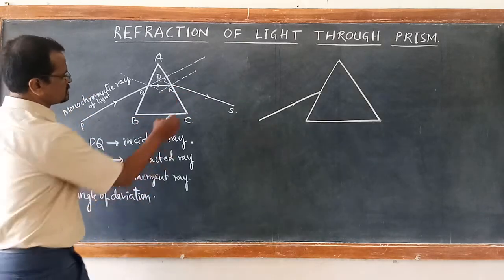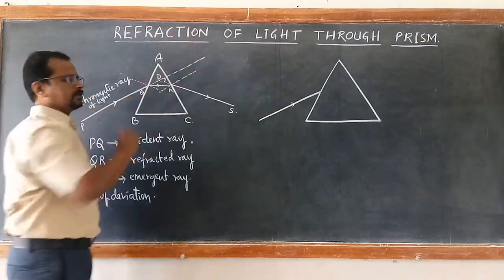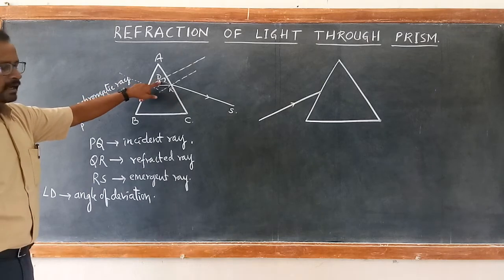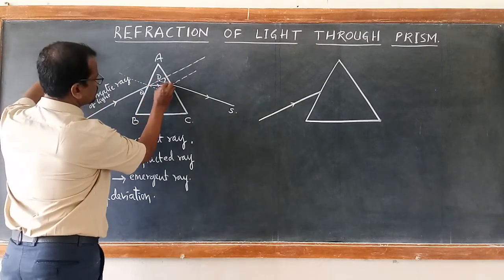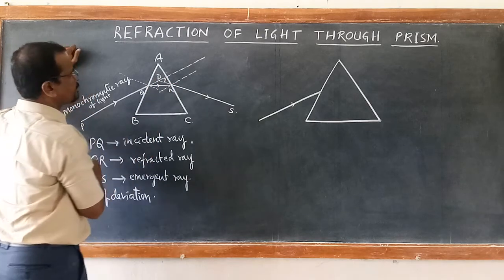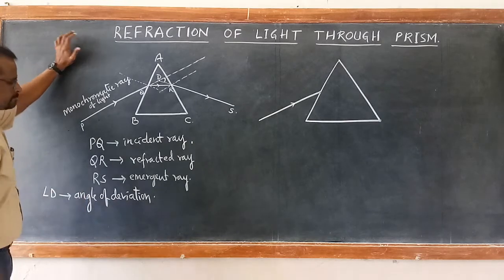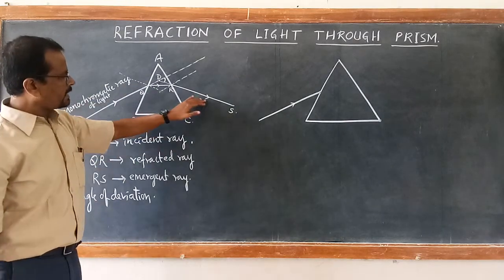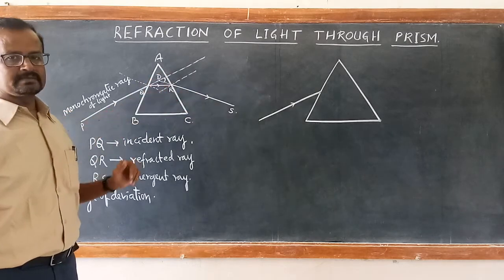If you produce this RS backwards and produce this PQ forward, at one point they coincide. This point is named as D, and here we get the angle of deviation. Angle of deviation means the angle through which the incident ray has bent.